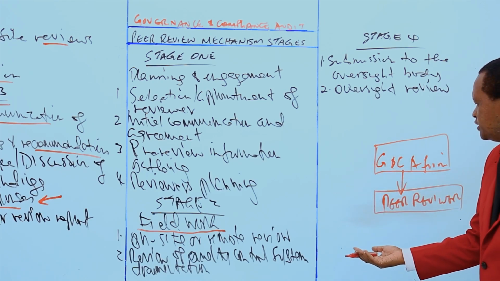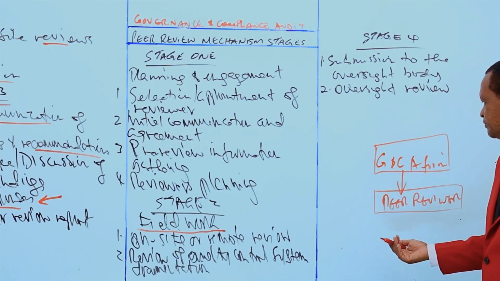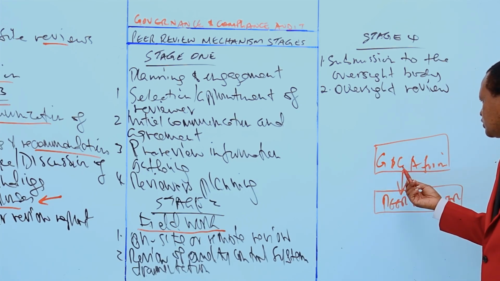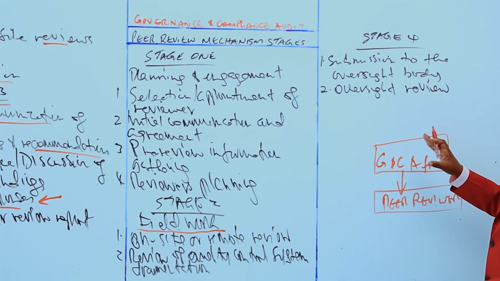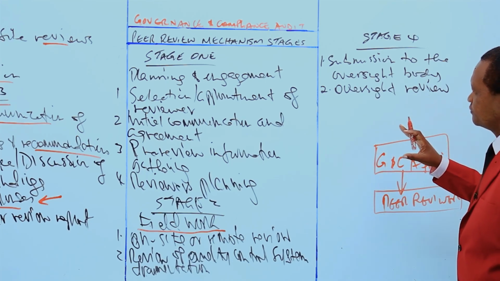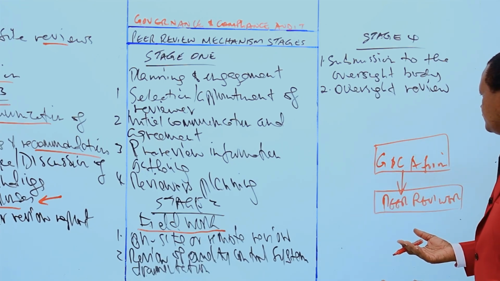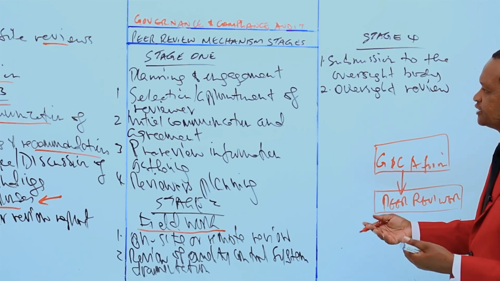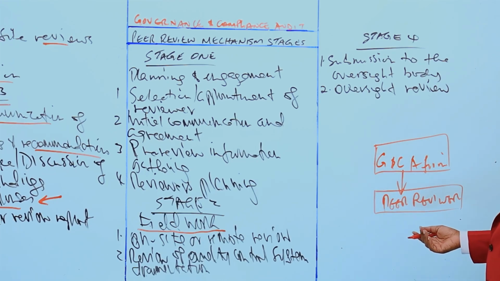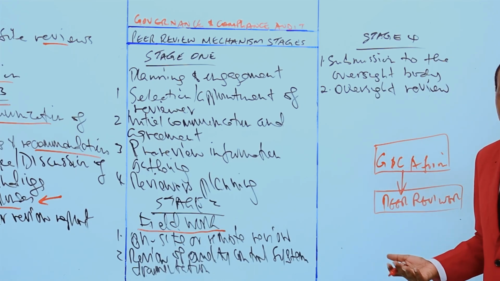It may be 5 audit engagements, or 10 or whatever number, because the governance and compliance audit firm carries out governance and audit of different entities. There could be many in a year, but the peer reviewer may select a sample which the firm systematically and independently evaluates.